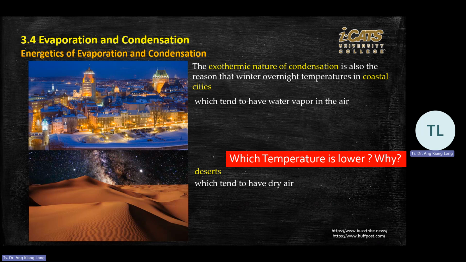So you'll see some mist during winter time. You see some blurry image or some condensation. In desert, you have dry air. You have clear vision during the night. Which temperature is lower and why?